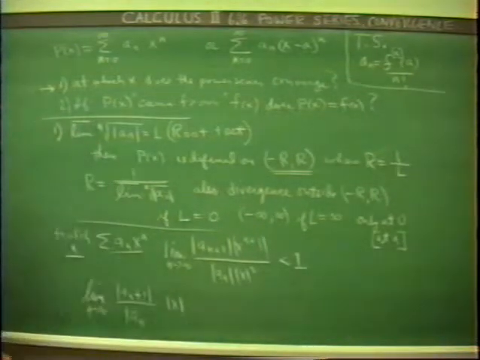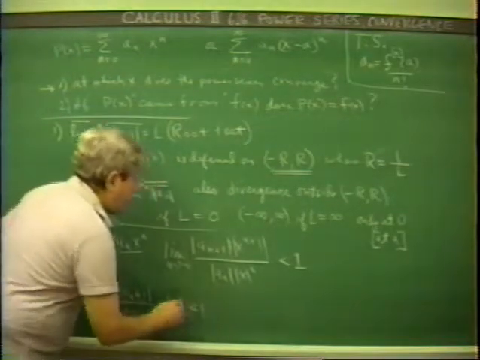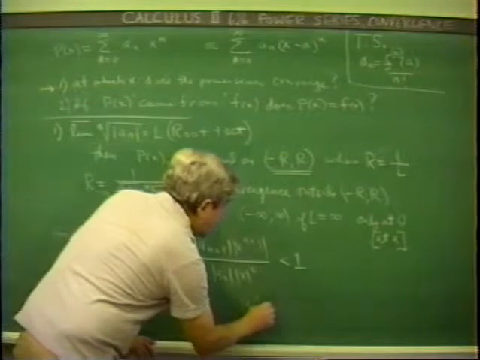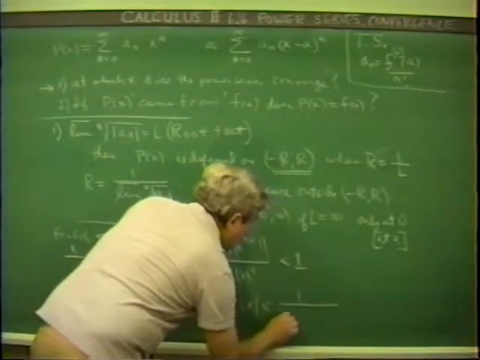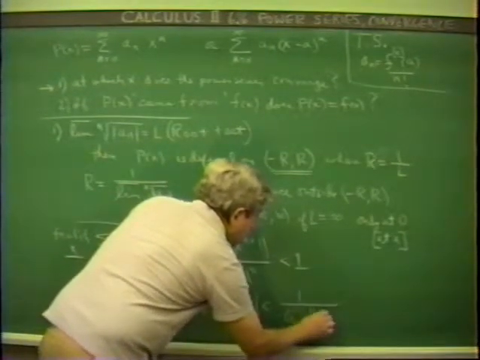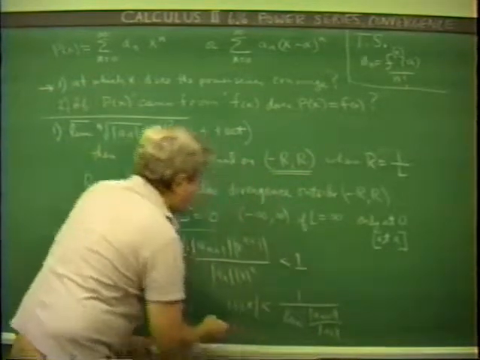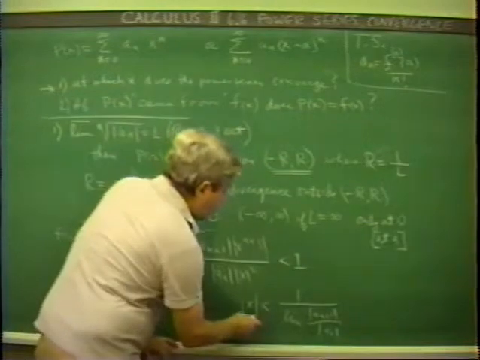And x is fixed here, so this can come out. Absolute x times this limit will be less than 1. That's when absolute x is less than 1 over the limit of absolute an plus 1 over absolute an.